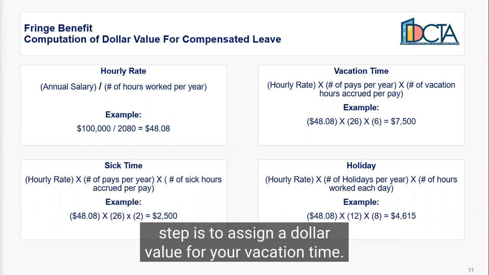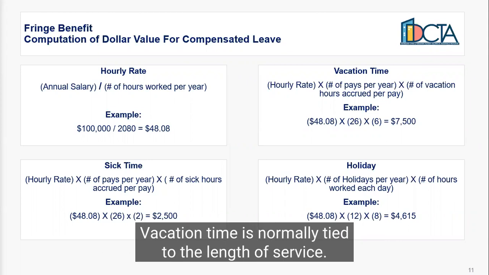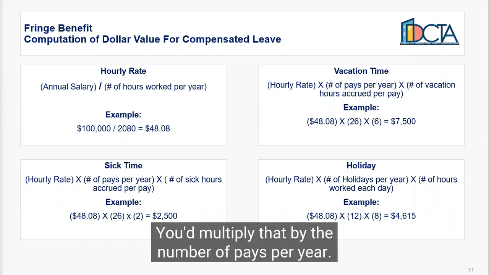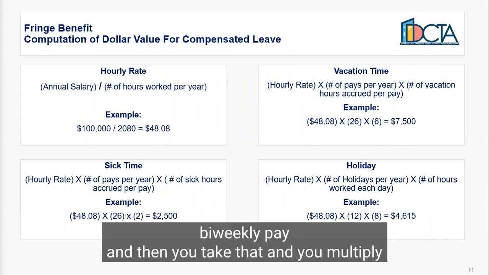Your next step is to assign a dollar value for your vacation time. Keep in mind that vacation time may vary from employee to employee. Vacation time is normally tied to the length of service. So you take that hourly rate and multiply it by the number of pays per year. In our example, it's 26 because they're biweekly pay.